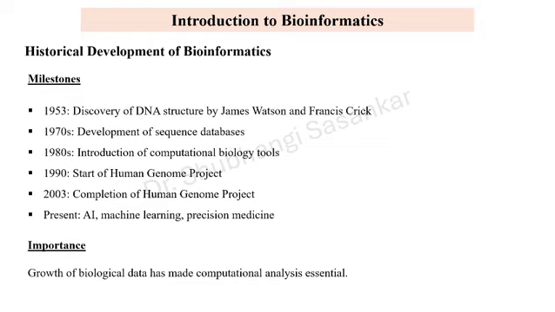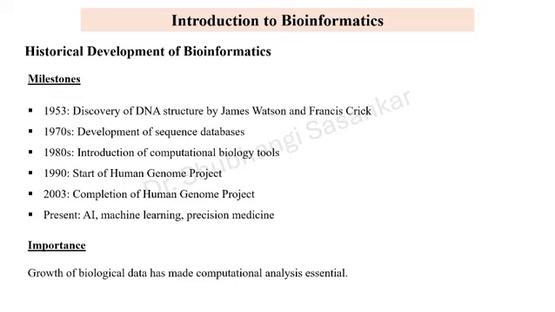To understand bioinformatics better, let us look at its historical development. The journey began in 1953 when James Watson and Francis Crick discovered the double helix DNA structure. During the 1970s, biological sequencing databases were developed. In the 1980s, computational biology tools started being used for biological research.